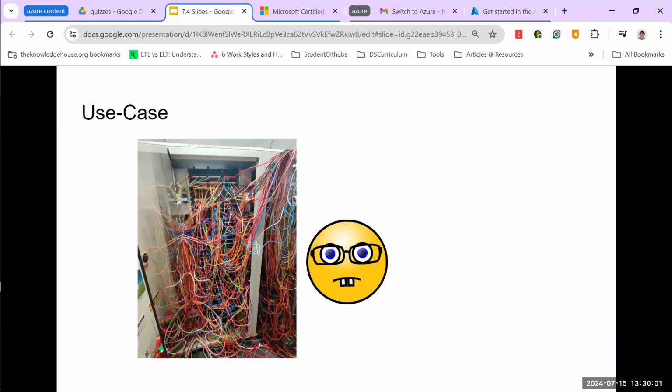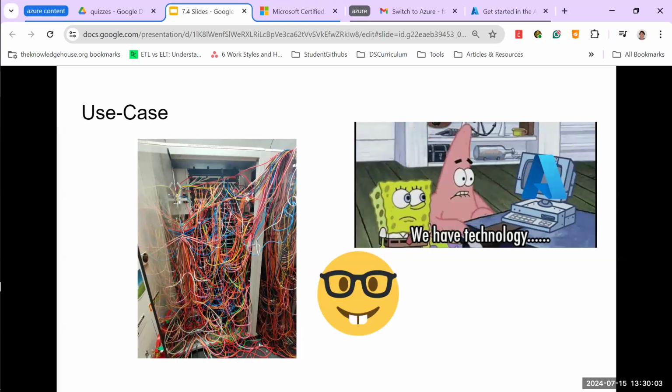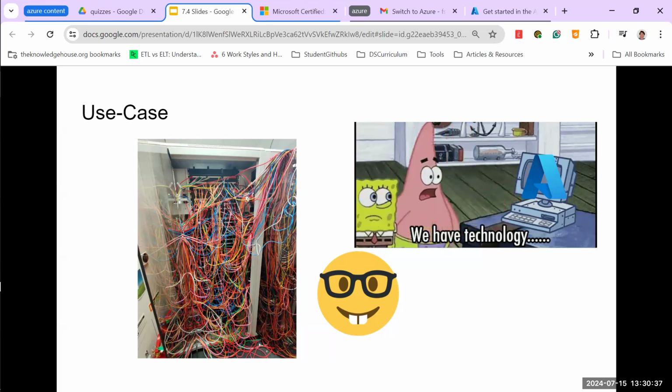But after completing this course, hopefully you'll be able to use the foundation that you gained from this course to redesign this tech stack using Azure or AWS or any other coding tool of your choice into something more organized and more comprehensive. In hindsight, I should have shown this server being organized with proper wire management and so on and so forth. But really, that's the purpose of this course, for you to be an authority on tech stacks and data, specifically the Azure tech stack.